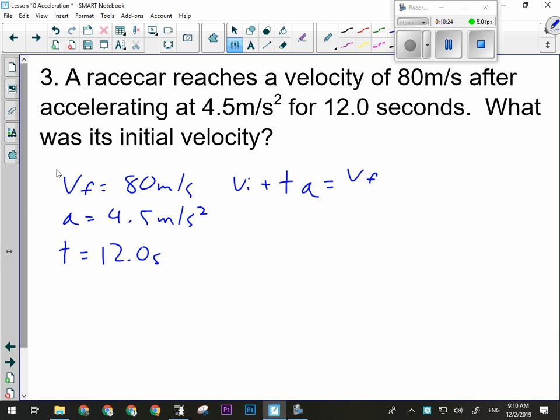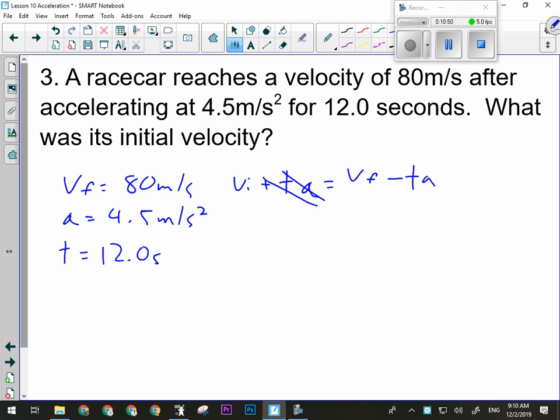I'm supposed to be isolating VI. Well, what can I do with t times a now? I can just move them back over there by subtracting them, okay? Because you have to think order of operations. I would multiply these two numbers together before I add it to VI, right? So it's really just one number, and I can subtract it over here. Right? So now I'm solving for VI, and I'm solving for it as a positive.